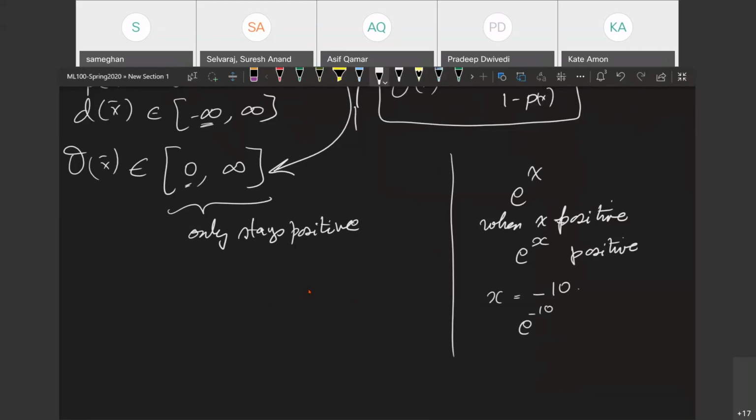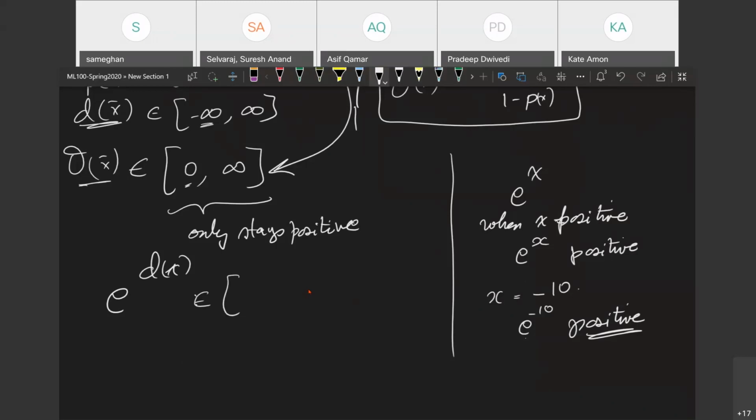Is it positive or negative? It's positive. It is still positive. It will be very small, but it will be positive, isn't it? So this looks like a good trick. If we could take the distance and do e to the dx, now what happens? E to the dx will go from e to the minus infinity, which is what?